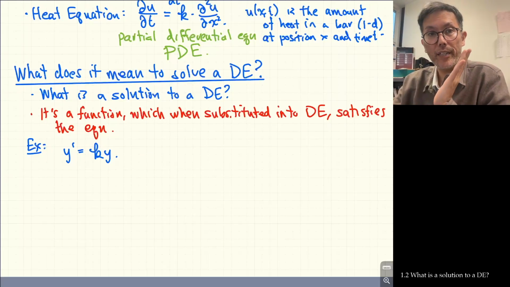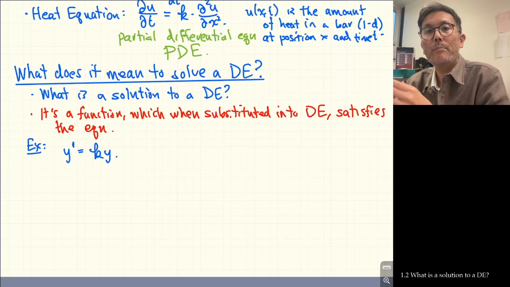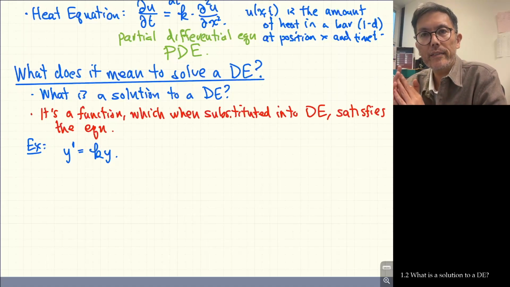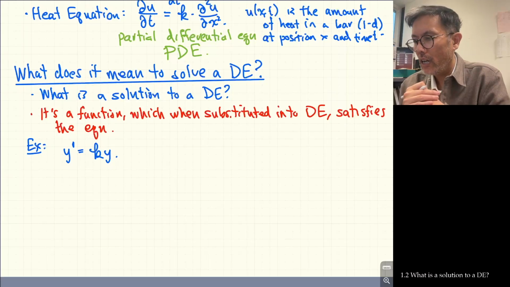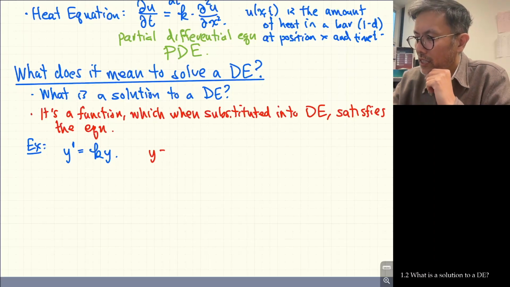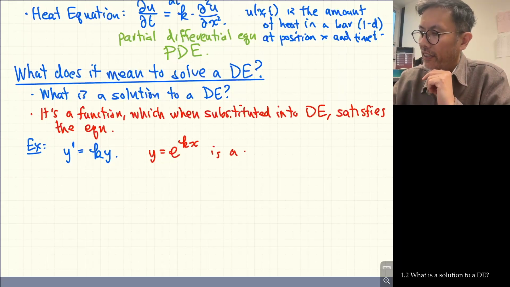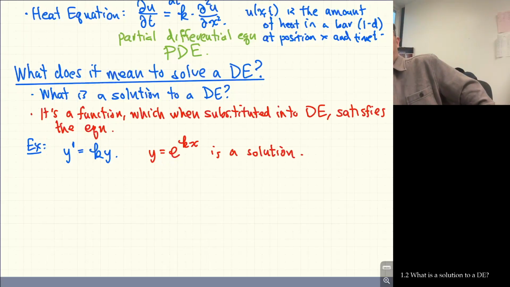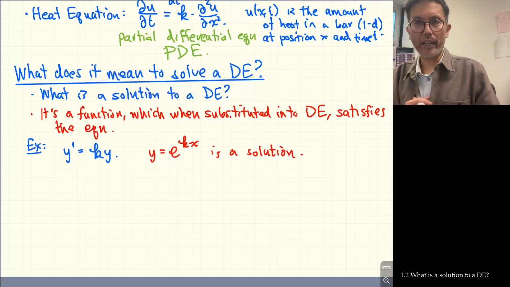This is an ordinary differential equation because we're implicitly assuming here that y depends only on one quantity, which we'll call x. And what I want to say is, for this equation, y equals e to the kx is a solution.